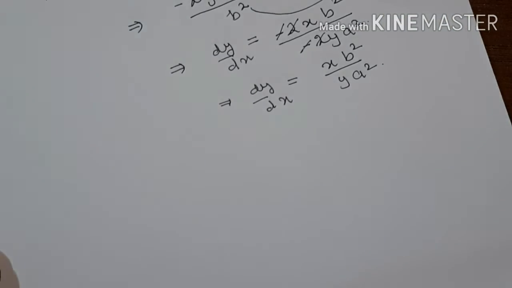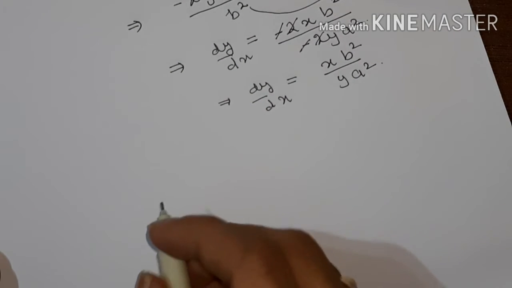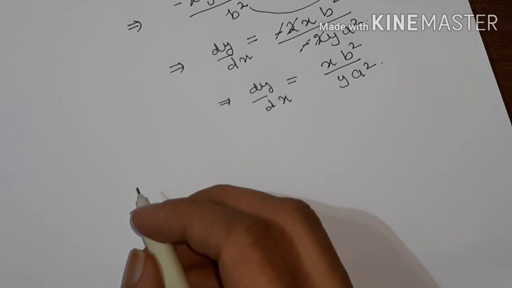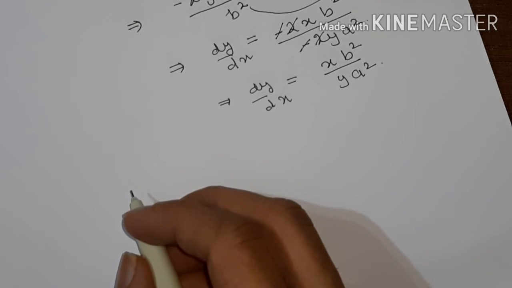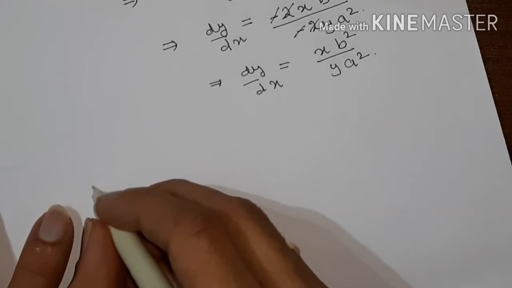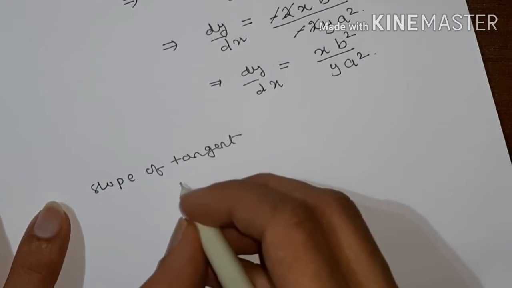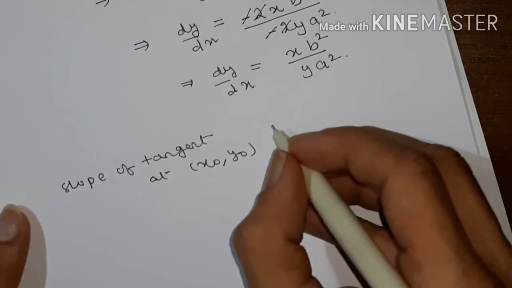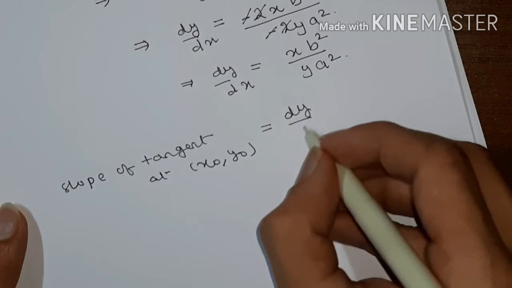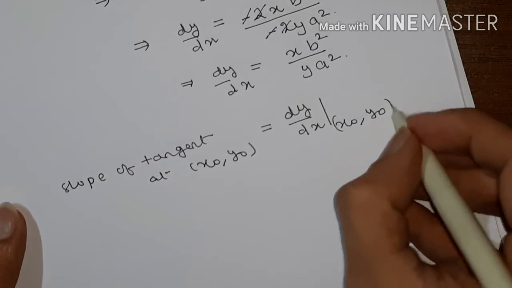Now the point is given to you, that is x naught comma y naught. So we have to first find the slope of the tangent, and then we can find both the equation of the tangent and the equation of the normal. Okay, slope of tangent at x naught comma y naught is what? dy by dx at the point x naught comma y naught.